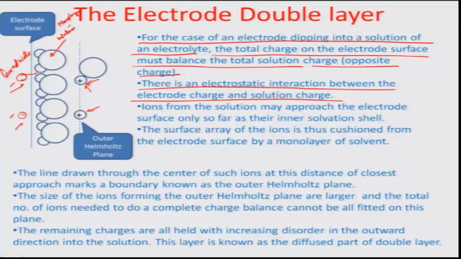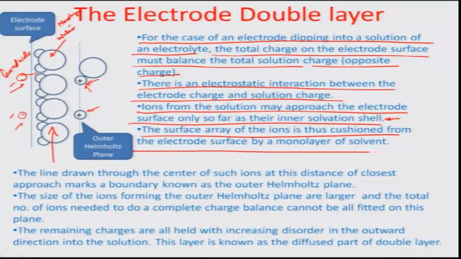So ions from the solution may approach the electrode surface only so far as their inner solvation shells allow them to be. So this is that solvation shell that we were talking about, because of which there is always a monolayer of water, a membrane of water, which comes between the ion and the negative charge on the electrode, and the surface array of ions is thus cushioned from the electrode surface by a monolayer of solvent.